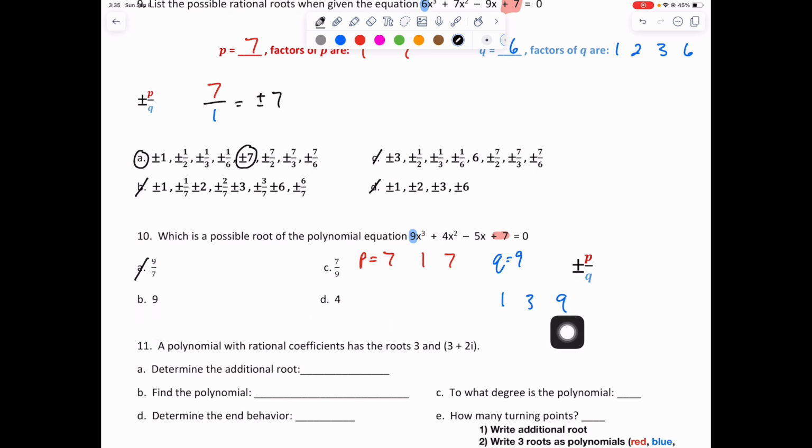Again, 9 over 1 is equal to 9, but that would be blue over red, and we need to do red over blue, so get rid of B. Answer choice C is 7 over 9. Okay, well, our p, we can take a 7, and we can definitely set it over a blue 9. So C is 100%. Our answer. 4 is just nowhere located, so get rid of it.